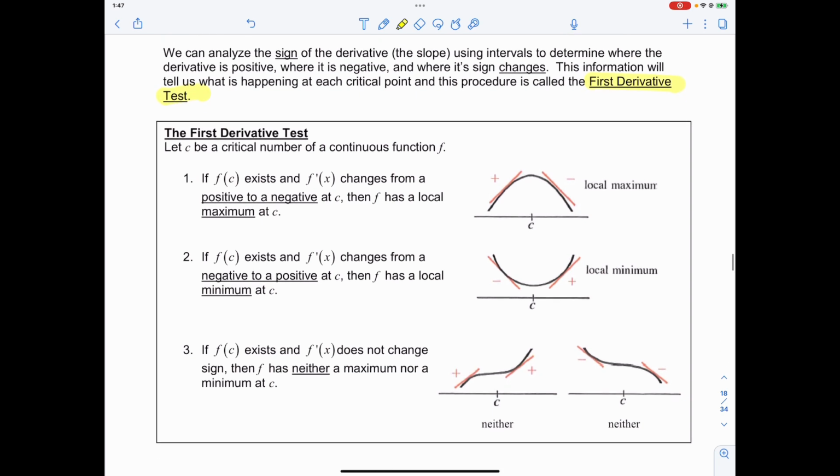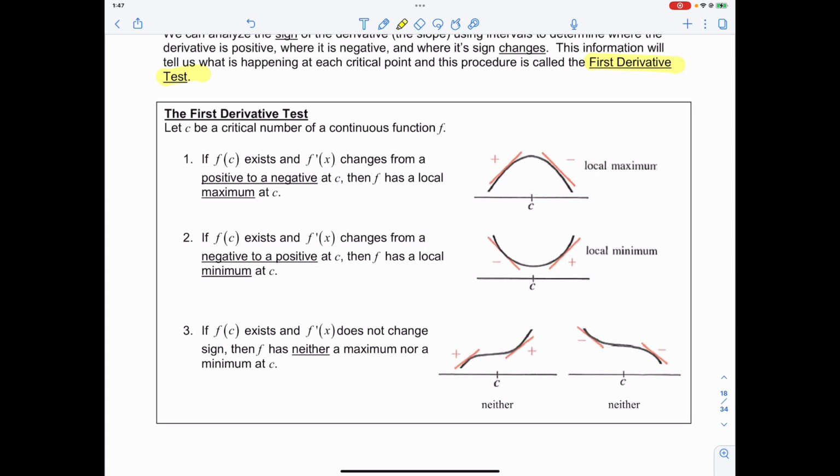So, if I use a critical number like c, if my f prime of x changes from positive to negative at that point, then that is going to be a local maximum. If it changes from negative to positive at this point, it's going to be a minimum.